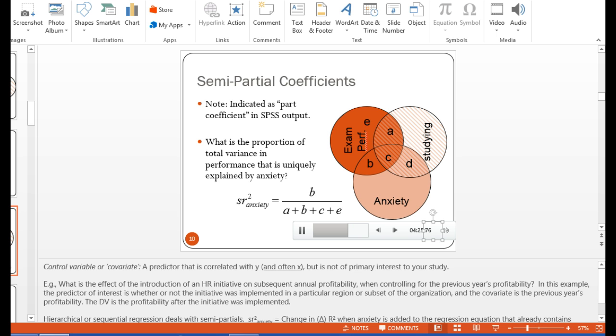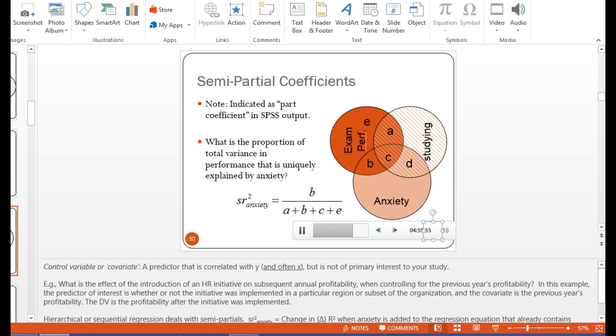And then you want to see if the intervention has a unique impact on the subsequent year's profitability while controlling for the previous trajectory of the organization, previous profitability performance. So that's the theoretical idea of controls, and we're going to be revisiting that throughout this class because regression gives us this unique and nice ability to be able to parse out variance in that manner.